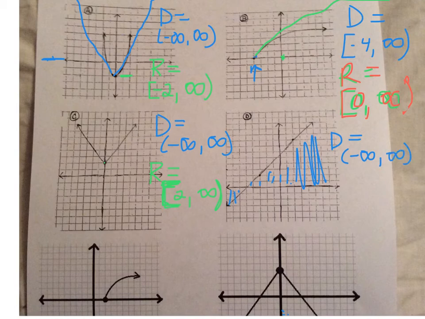And because no matter where I am on the y-axis, since this function goes on forever, I'm always going to have function along the y-axis, the range is also negative infinity to infinity.